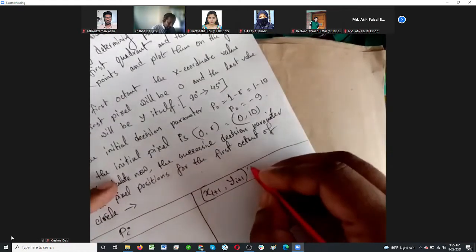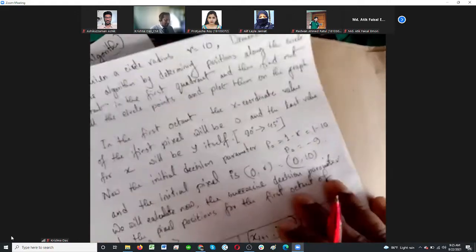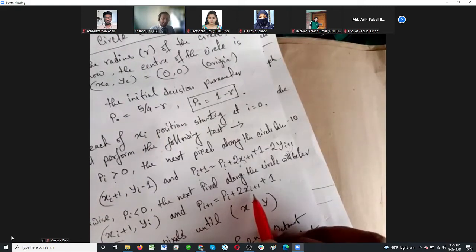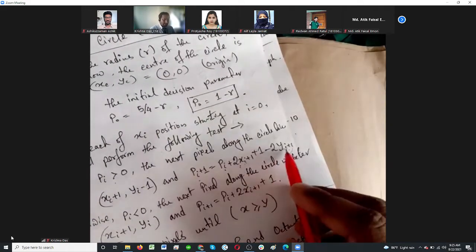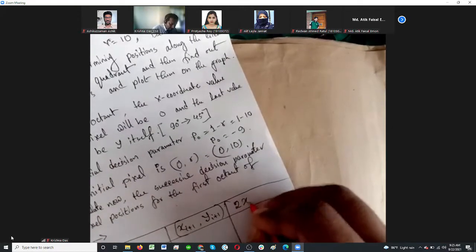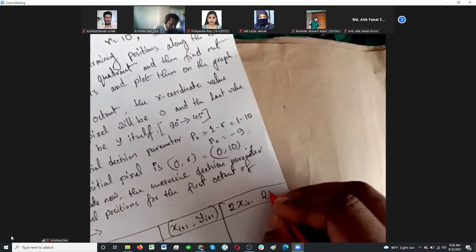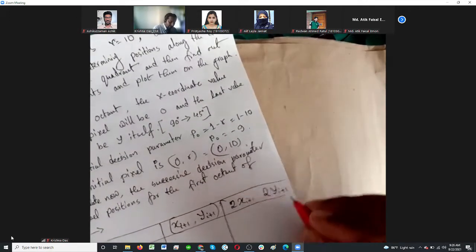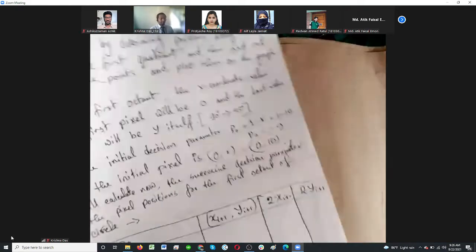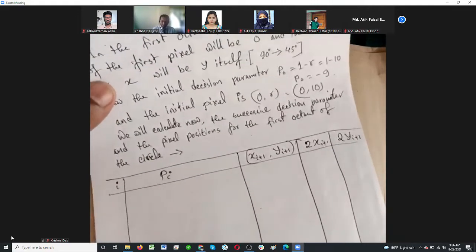And you see in the formula we need twice the value of xi and twice the value of yi, so 2xi plus 1 and 2yi plus 1. Every time we get a coordinate value, we will double it.